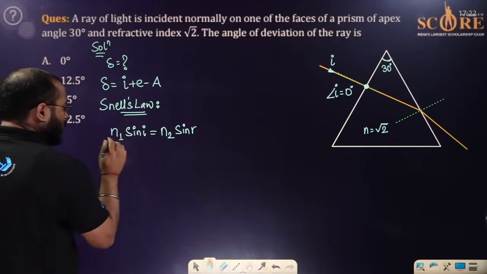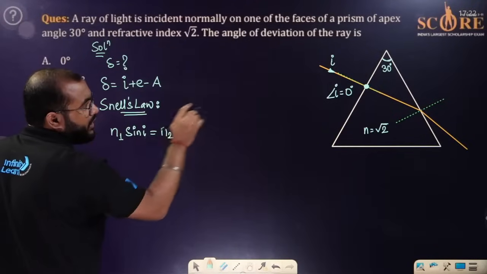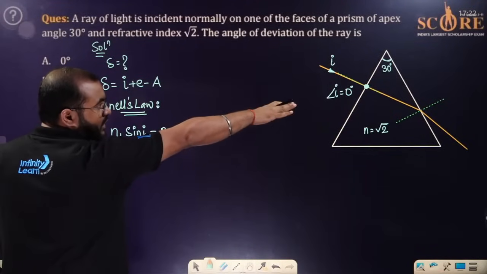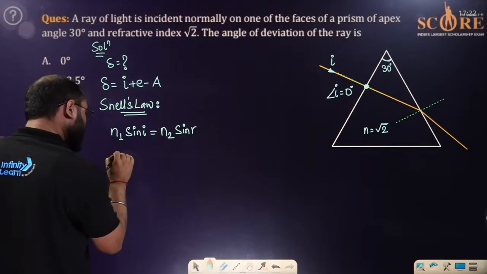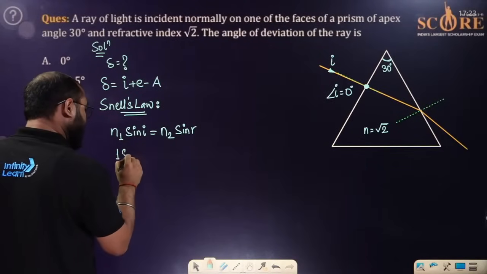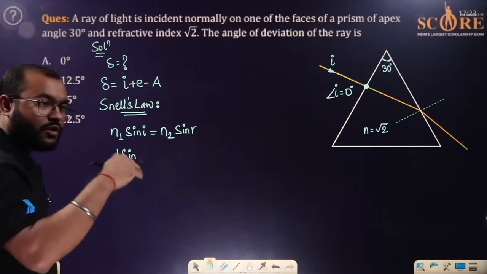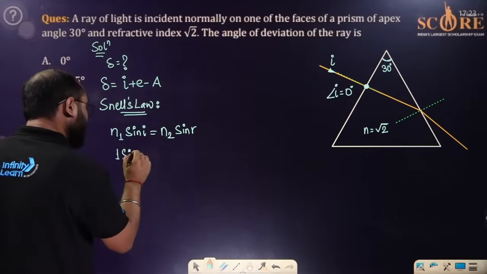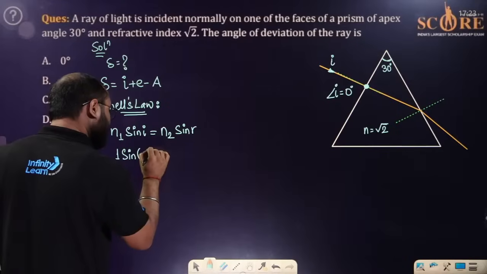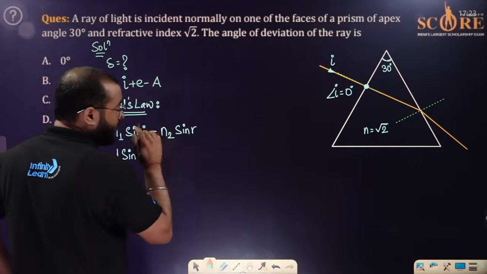So N1, the refractive index we are talking about for the incident, is air, so we are taking 1 for this, and sine I. We always measure the angle from the normal, so from the normal it is making 0 degree. What is the value of N2?